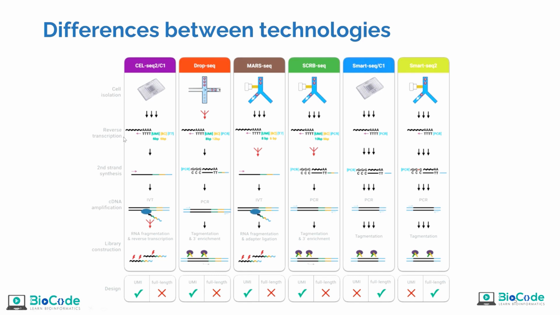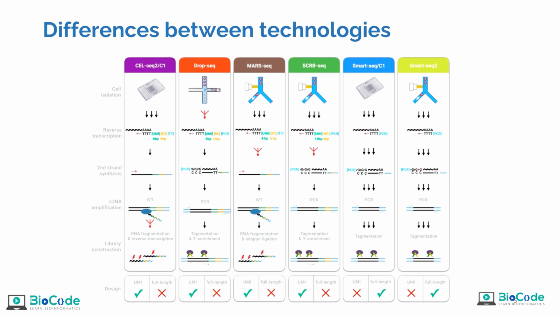So reverse transcription, no matter how the cell is isolated, it has to be reverse transcribed using reverse transcription procedures. And in this step, what happens is that we attach UMIs or unique molecular identifiers, barcodes of the cells, to these particular fragments that we have obtained through cell isolation and library preparation.